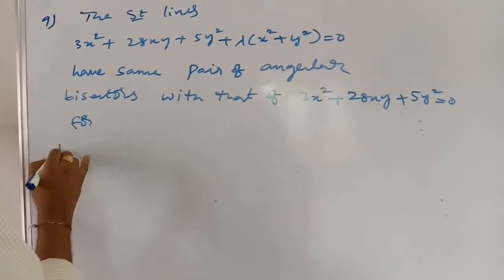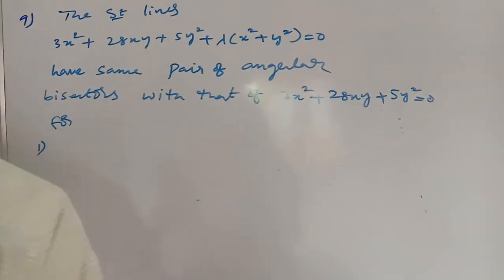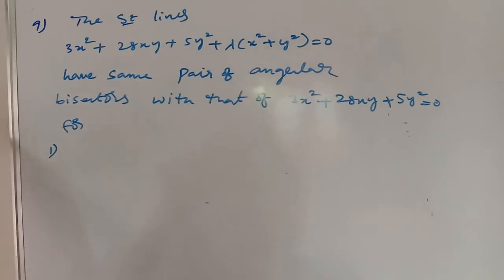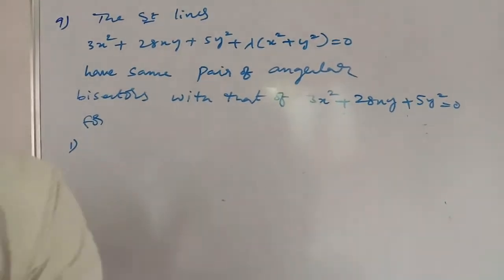The first option: for all values of lambda; second: lambda is equal to 1 only; third: lambda is 0 only; and fourth option: lambda is equal to 1.